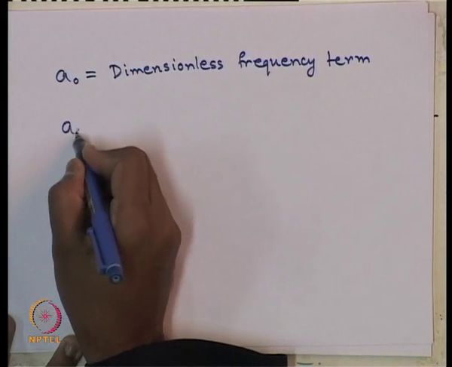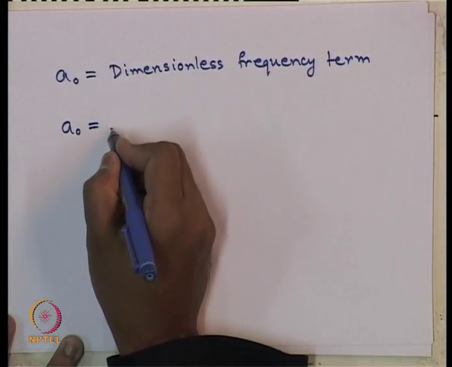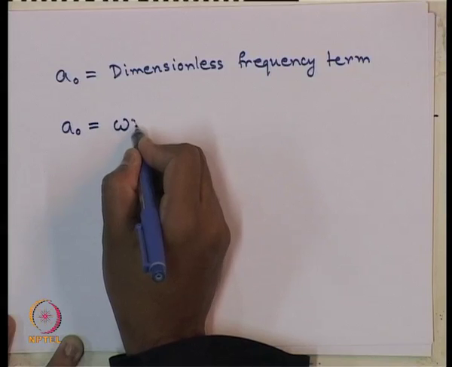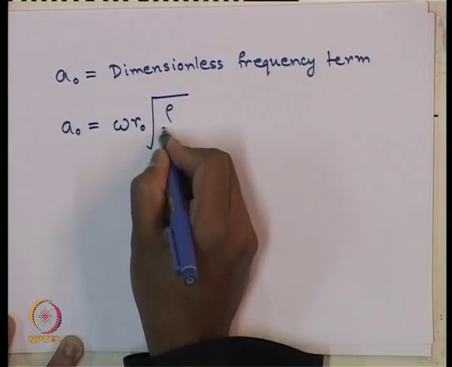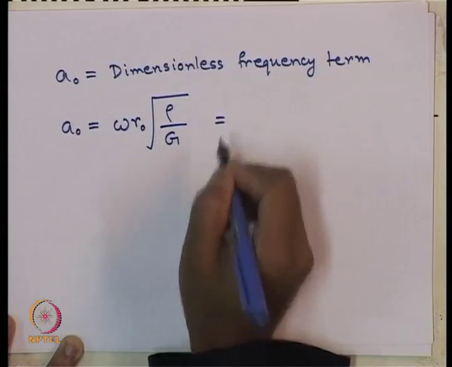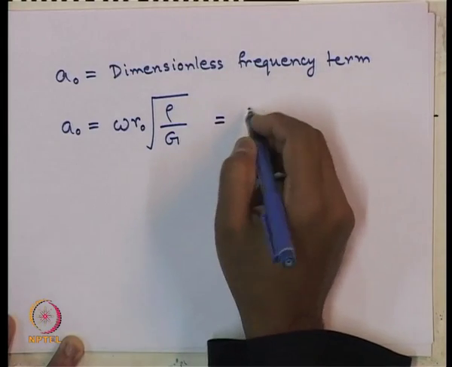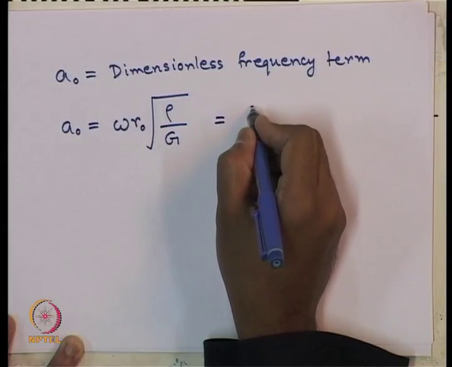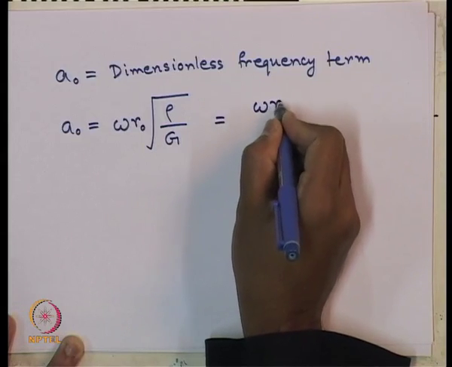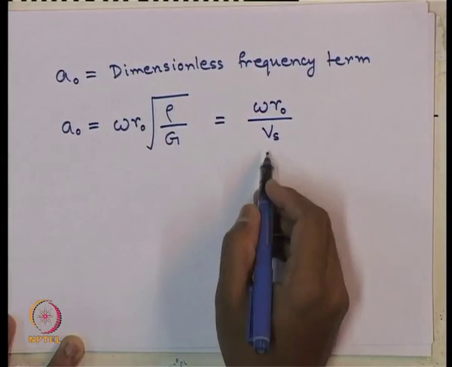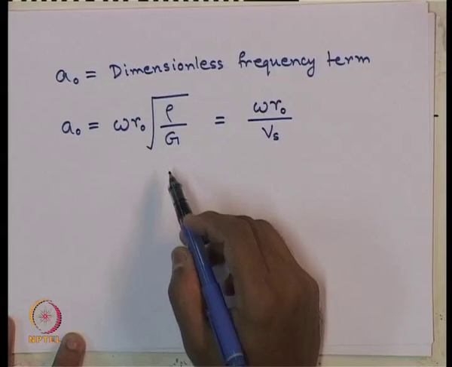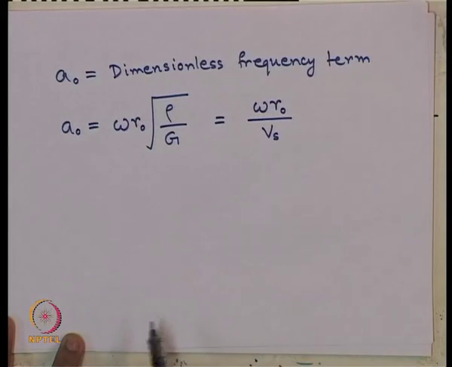So, a naught is calculated like this: omega r naught root over rho by G. If you rewrite this in terms of shear wave velocity, it comes out to be omega r naught by Vs, because Vs is nothing but root over G by rho.